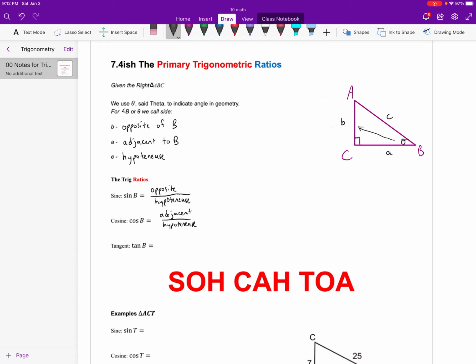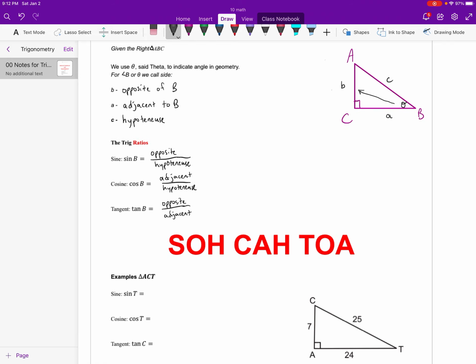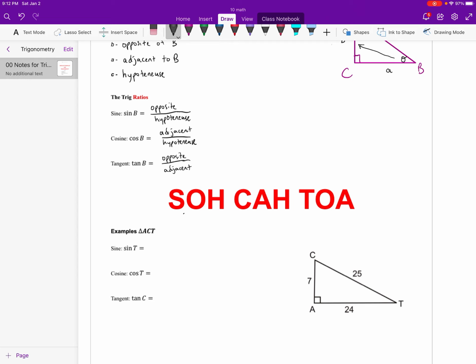And tangent is defined as opposite over adjacent. So some have short formed this into SOHCAHTOA. So this is sine equals opposite over hypotenuse, cos equals adjacent over hypotenuse, and tan equals opposite over adjacent. So this is something you would memorize and keep close at hand and ready as you work on these triangles.